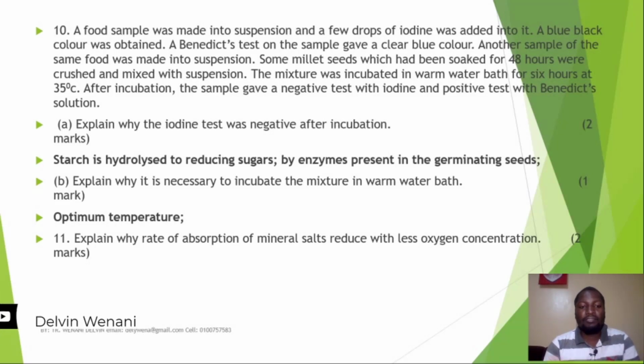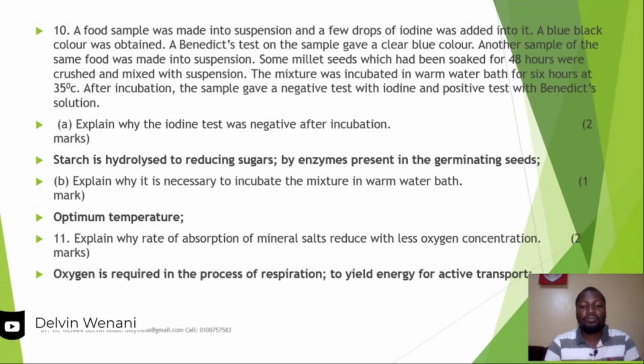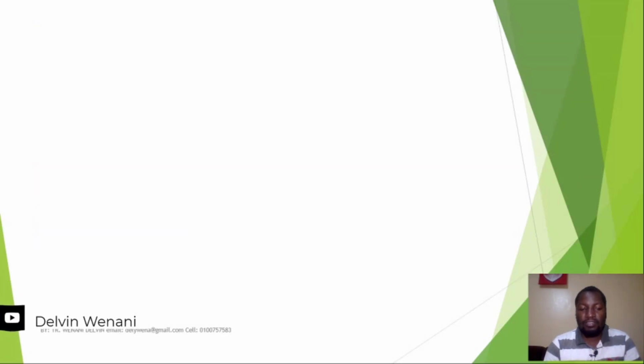And if the process requires energy, then with a reduction of oxygen, because oxygen is the one which oxidizes food to produce energy under respiration, energy production will be low, and therefore the reaction rates also will go down. Oxygen is required in the process of respiration to yield energy for active transport.